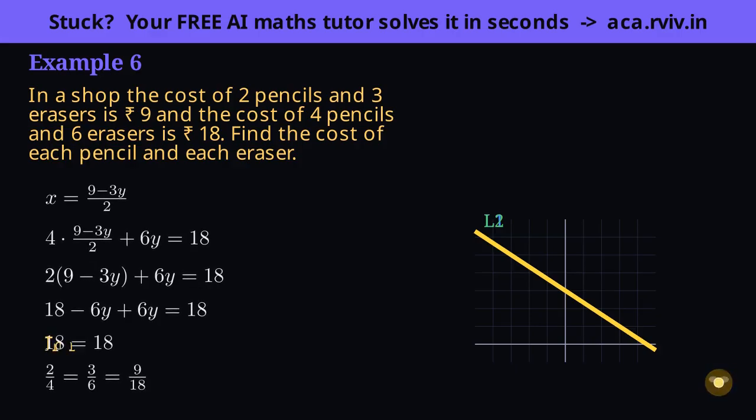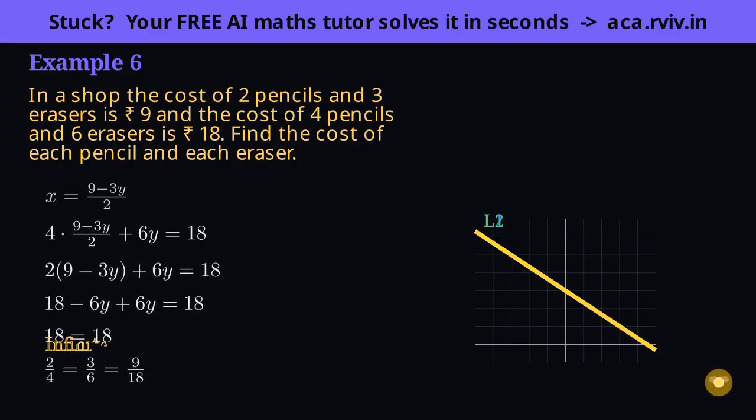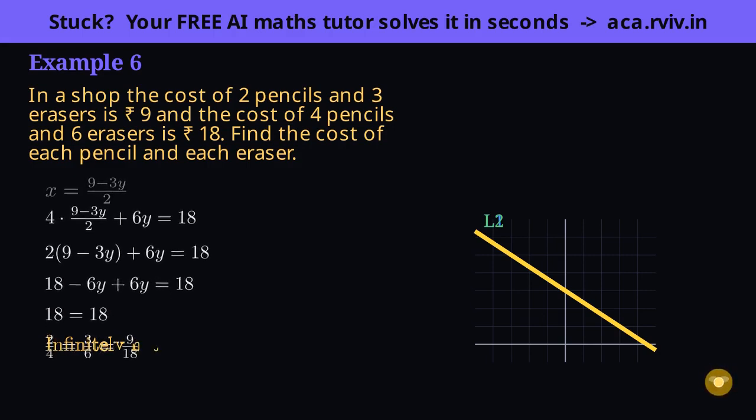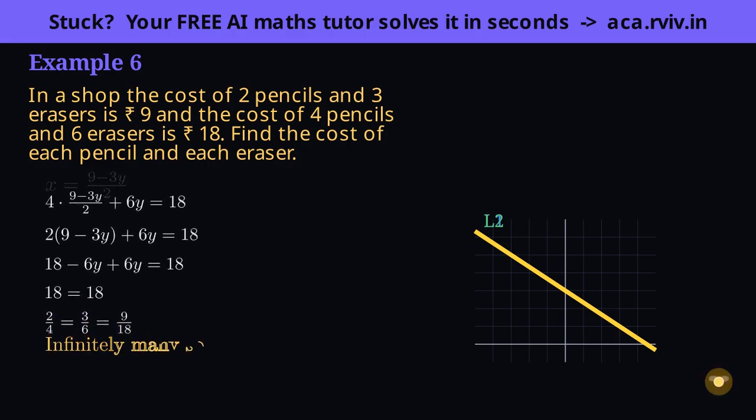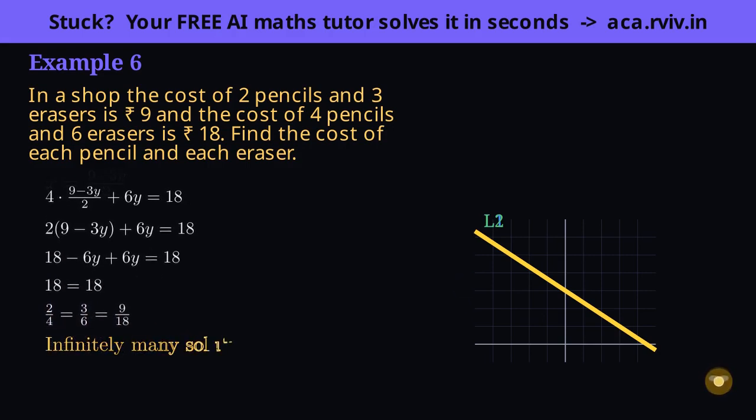Insight: when substitution collapses to a true identity like 18 equals 18, the two facts were really one fact stated twice. There isn't enough information to fix the prices, so no unique cost exists. Learn to read that identity as a signal, not a dead end.